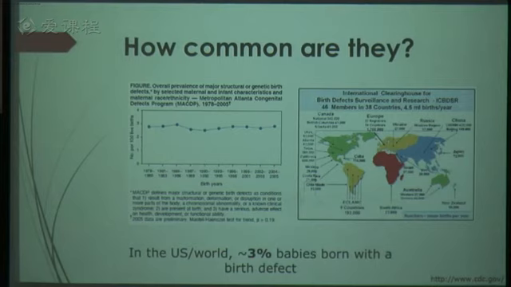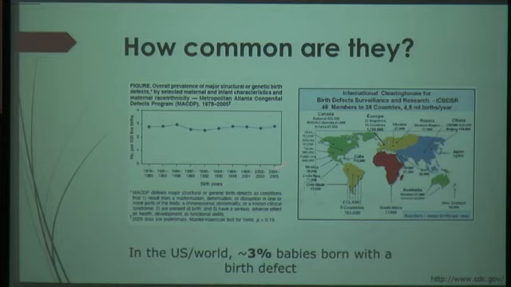In fact, by doing this kind of research and epidemiology studies, people found that in the US or in the world, around 3% of babies born were born with a birth defect. This is actually quite a big number if you consider the total number of babies born in the world.